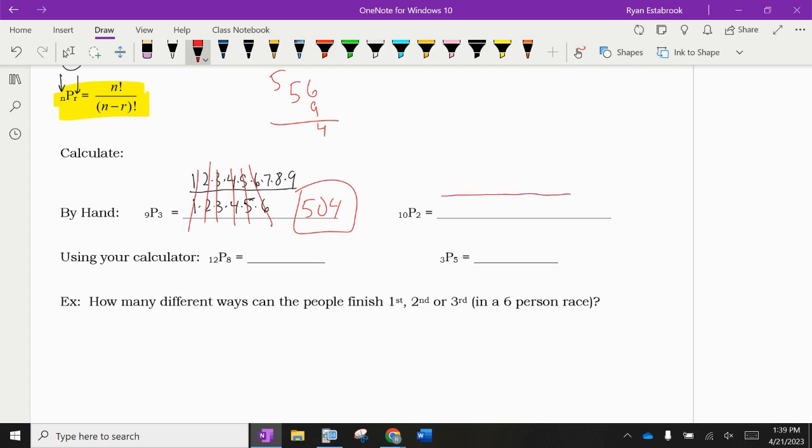So nPr, it's the first number factorial over n minus r factorial. The numerator, 1 times 2 times 3, all the way up to 10. There's no way I'm multiplying all those out on my own by hand. I know that's going to be a huge number. But in the denominator, n minus r, so 10 minus 2 is 8.